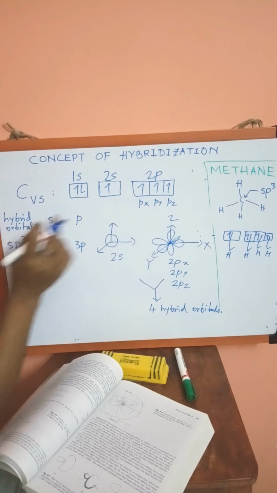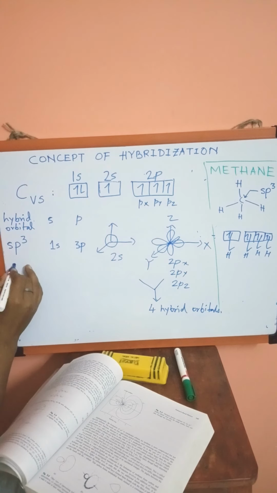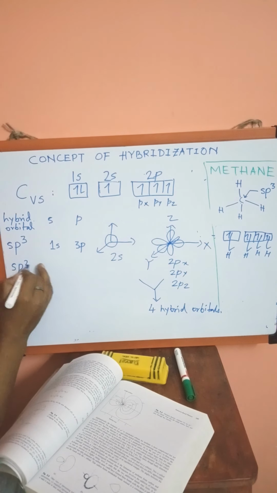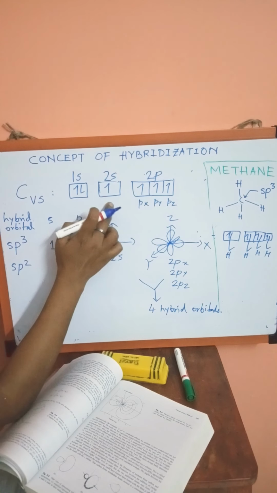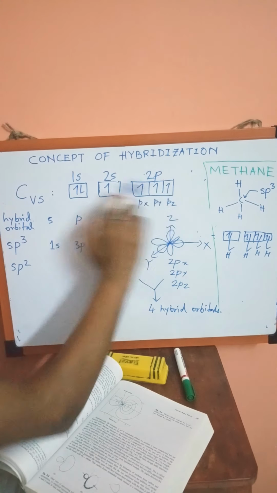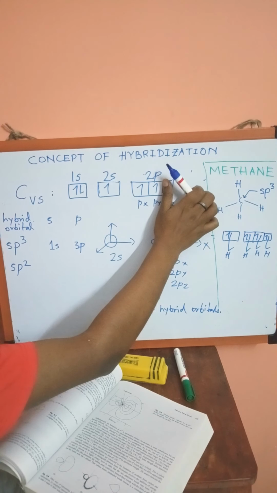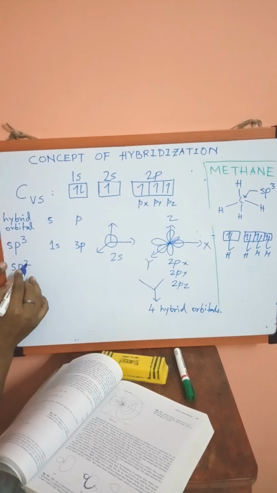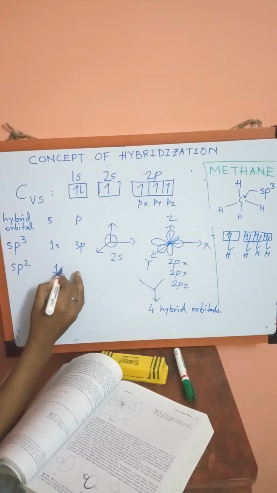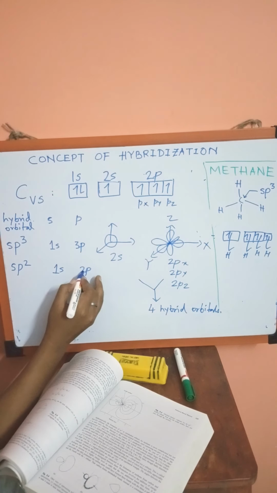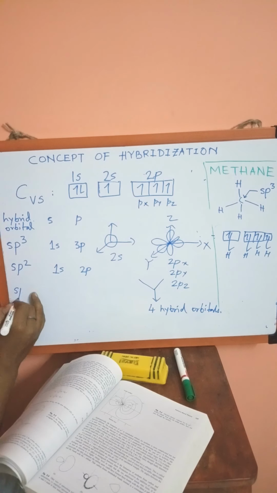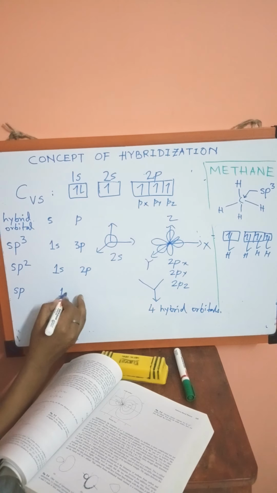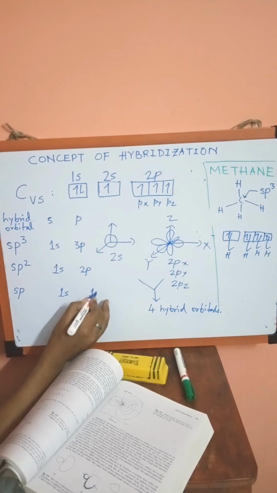If the s mixes with 2p orbitals, that is 2s with only 2 p, without this one, which does not participate, that will be called sp2. That means 1s and 2p orbitals. And another mode of hybridization is sp, that is 1s and 1p.